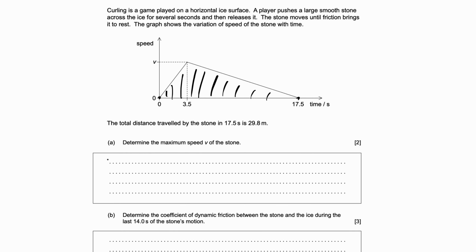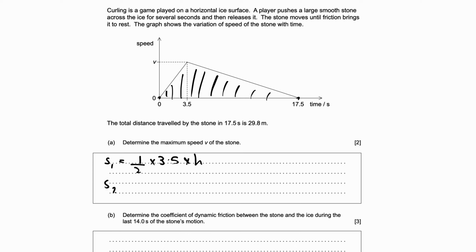Take a look. We can say that the displacement for the first 3.5 seconds, S1, is equal to half the base, which is 3.5, into some height. And what does this height actually represent? This height represents our maximum velocity.